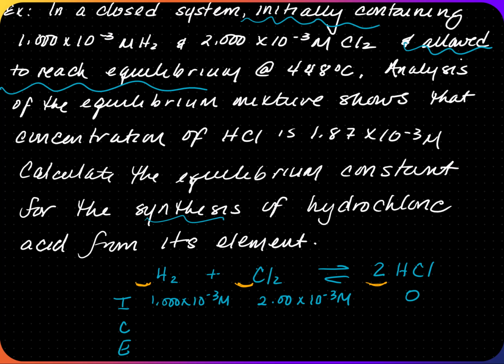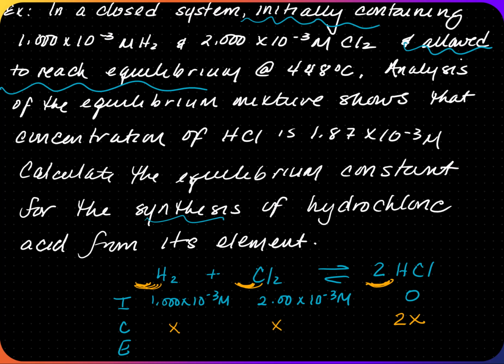If we say H2 will change by an x amount, chlorine will also change by an x amount because it's a 1-to-1 ratio. However, the hydrochloric acid will change by 2 times that x because it's a 1-to-1-to-2 ratio. So for every 1 H2 and Cl2 that react, 2 HCl's will be produced.